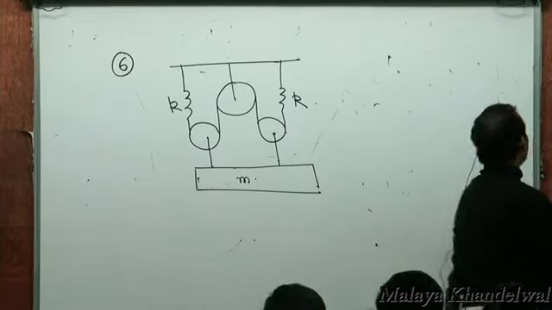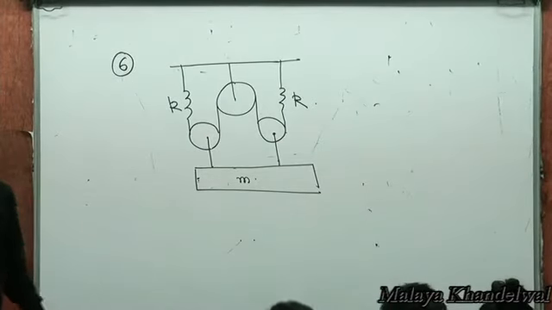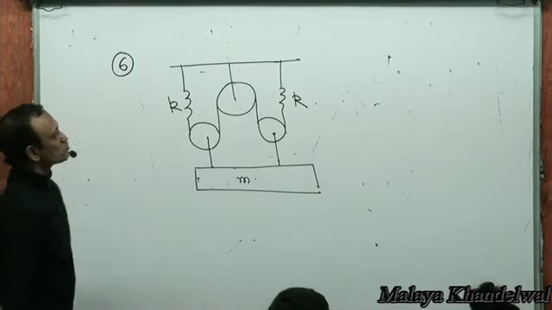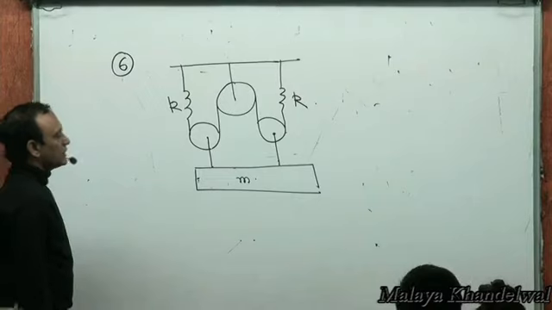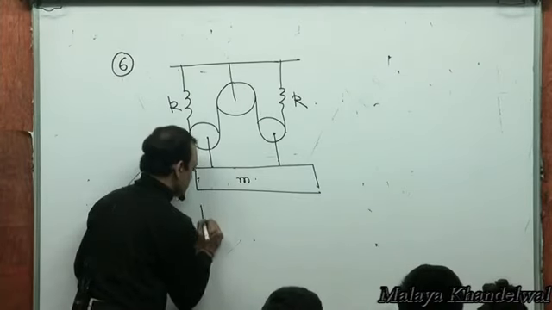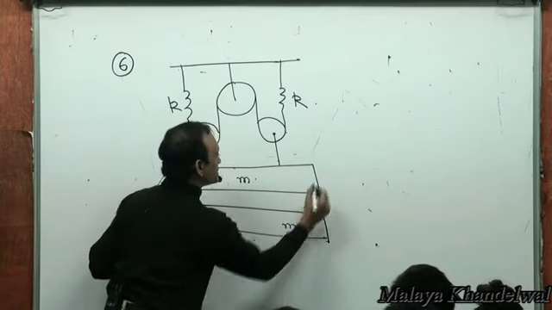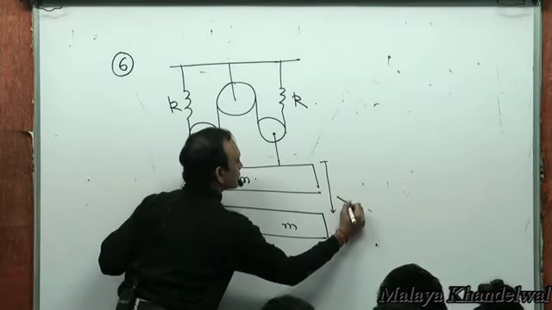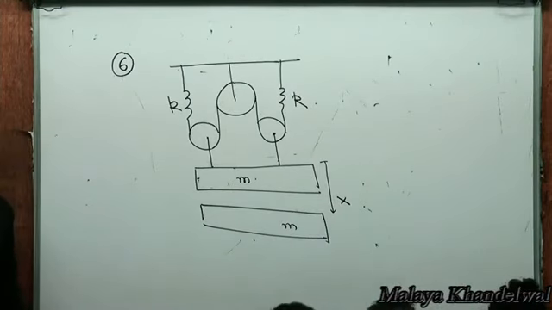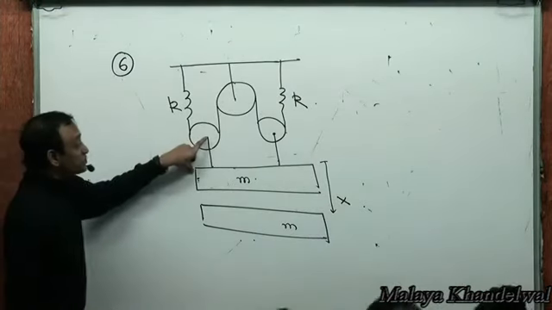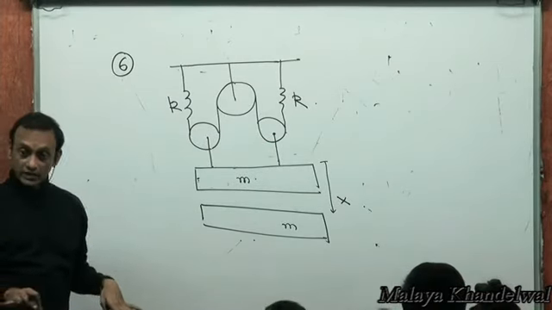I want to find the angular frequency of natural oscillation for this system, right? Again, from this position, let's say, if this mass m has descended by an amount x, then this center of these two pulleys would have also moved down by an amount x, right?